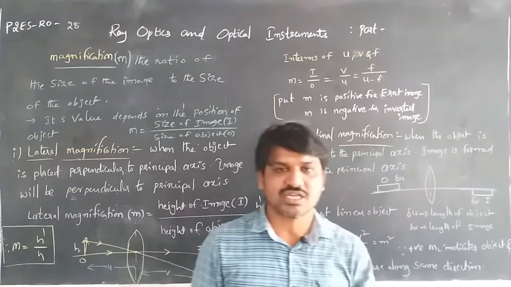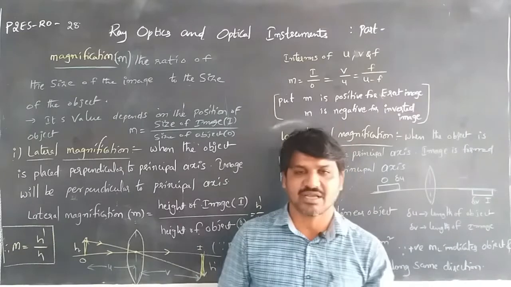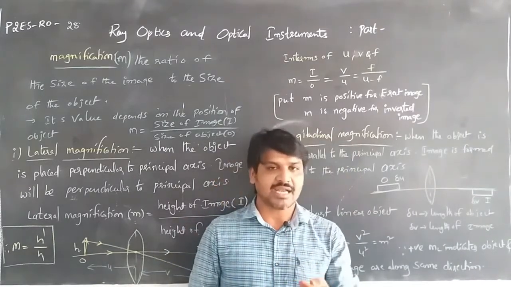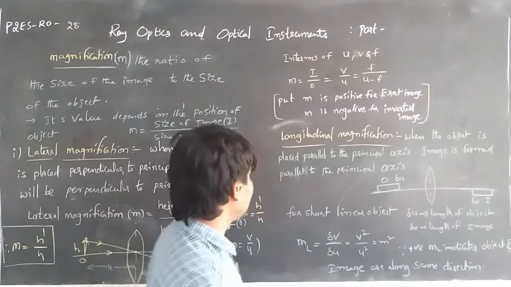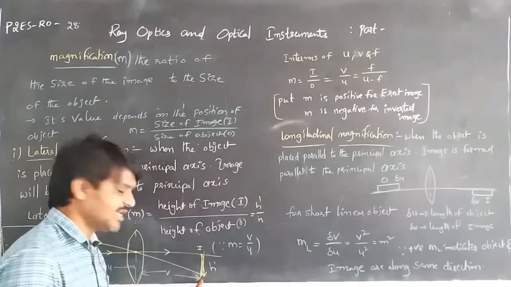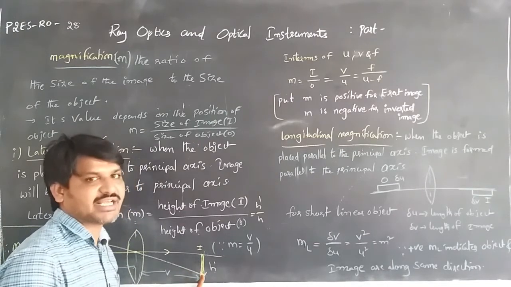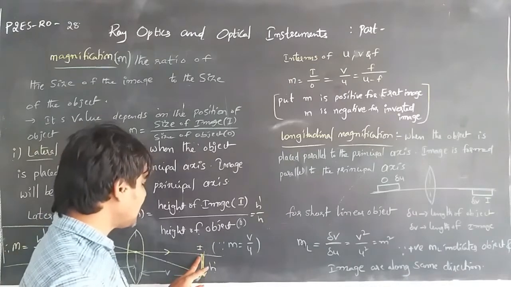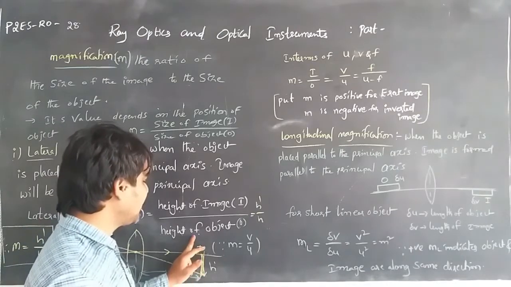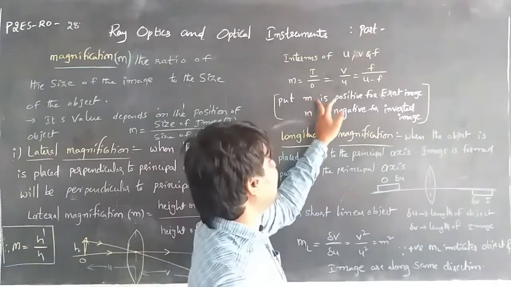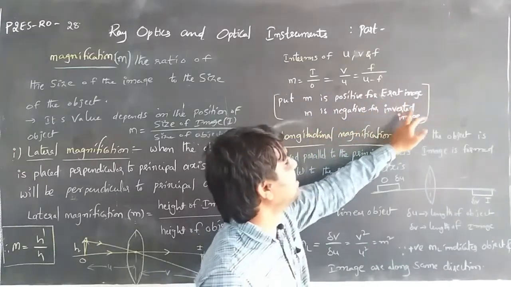According to the sign convention, any height above the principal axis is considered positive, and below the principal axis is considered negative. If an inverted image is formed, the value of m should be taken as negative, and for an erect image, above the principal axis, it is positive. So m is positive for an erect image and m is negative for an inverted image.